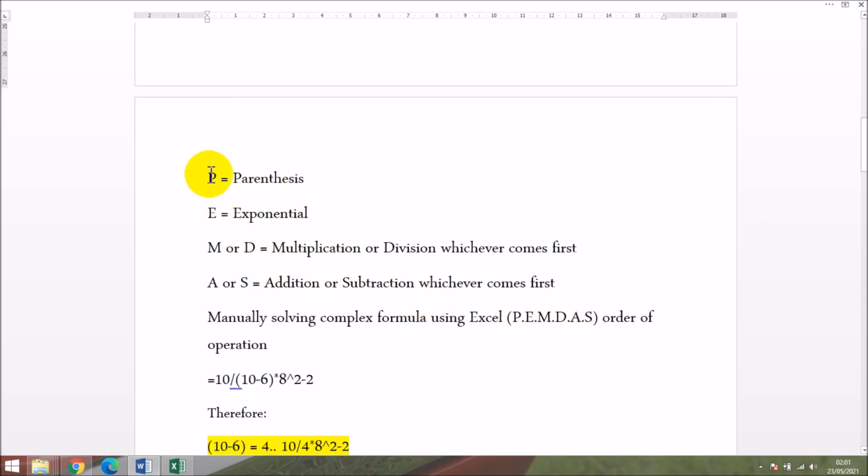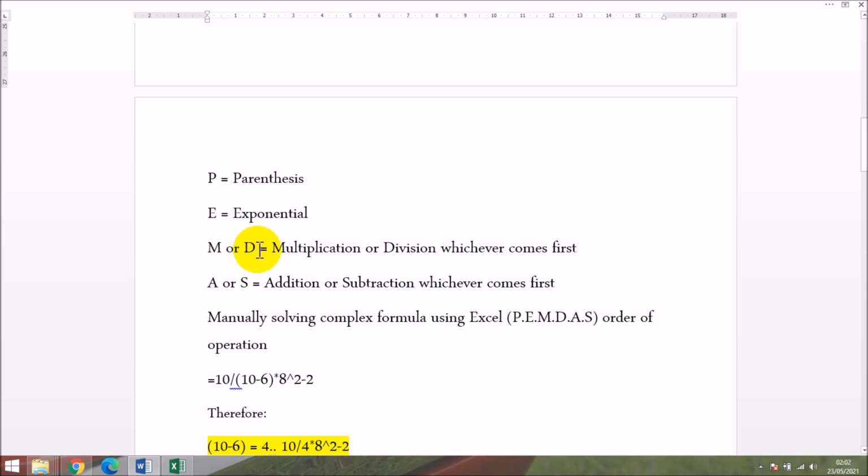So it's going to first of all calculate every formula that is in parentheses, that is in your close and open bracket. Then after it has done that, it's going to calculate the exponentials, any raised to power formulas you have. After the exponentials are calculated, it's going to now do multiplication or division.